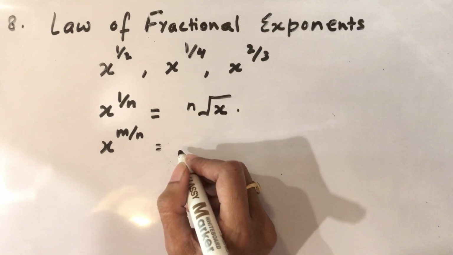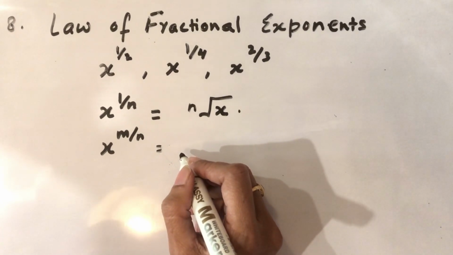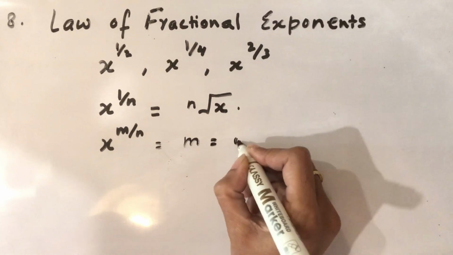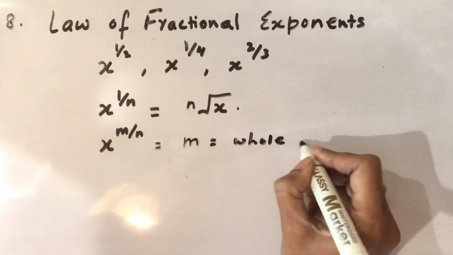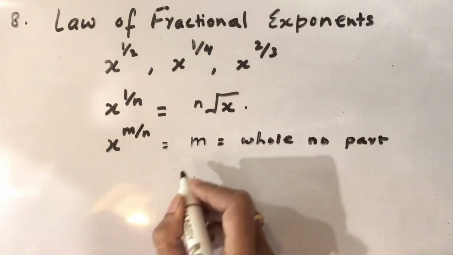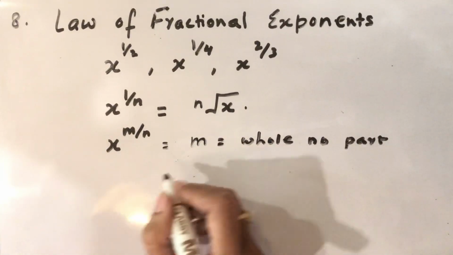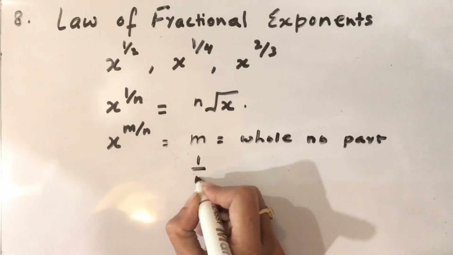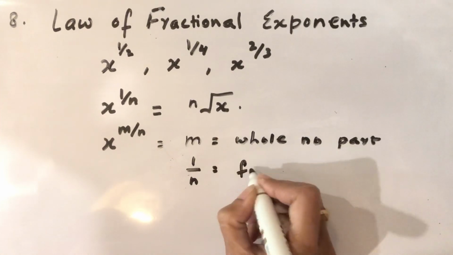M is the whole number part and n is written as denominator, so we can write it as 1 upon n, the fraction part.